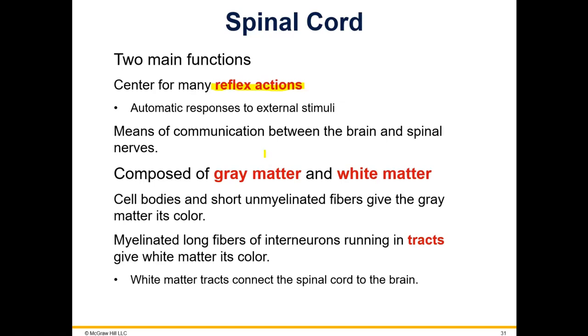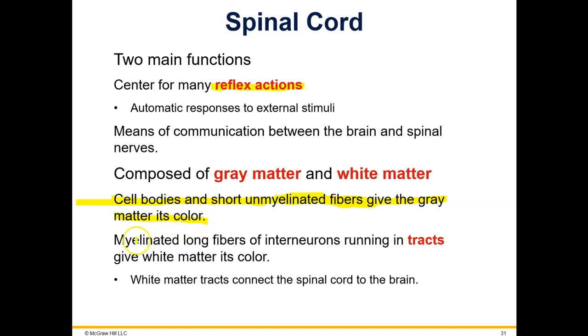But the gray matter and the white matter in the spinal cord: the gray matter comes from the cell bodies of neurons and unmyelinated axon fibers. Unmyelinated fibers will cause a gray color instead of a white color.